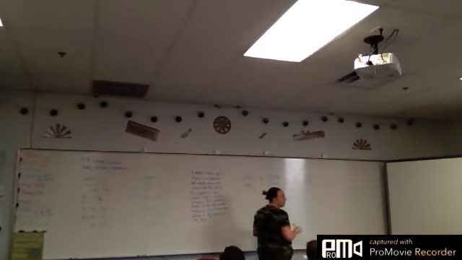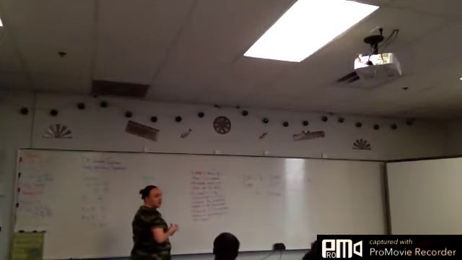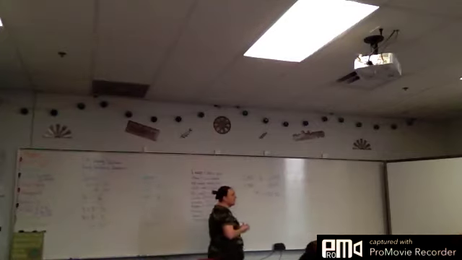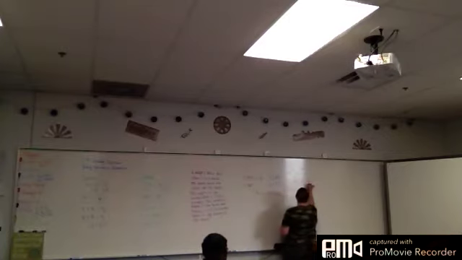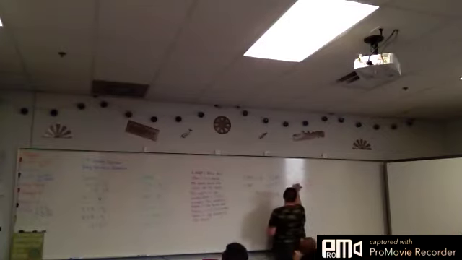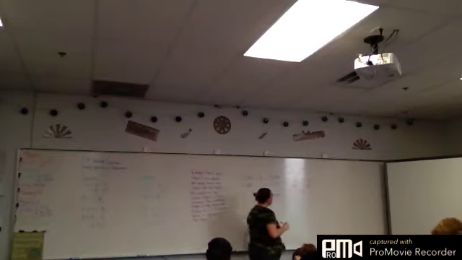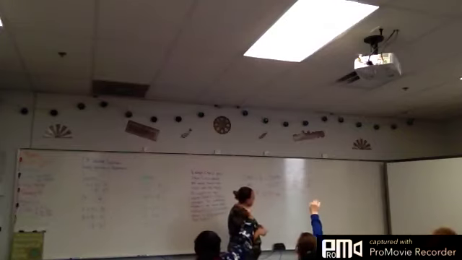What do I need to do first? You add 61 to both sides. Beautiful. Add 61 to both sides. So here this cancels and brings down my P. What's 26 plus 61? 87.